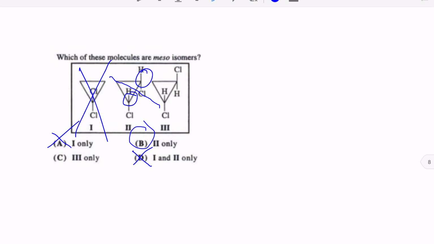And if you actually assign RS notation to these 2 stereocenters, what you end up getting are R and R. So the interesting thing about it is that when you do a mirror image reflection, you will get a compound that actually has the stereocenters with S configurations.